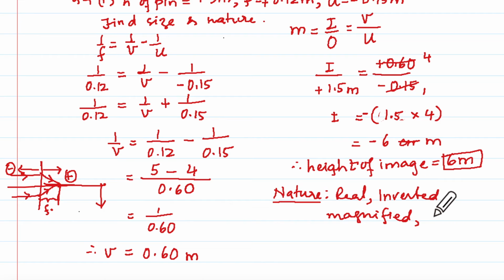Where will the image be? Beyond 2F. Yeah, magnified. Remember, the image is going to be the same size at 2F. Then magnified means it will be beyond 2F. Understanding? Is it making sense? Yes, ma'am. Yes, this side it will be 2F2. Okay? Understood.